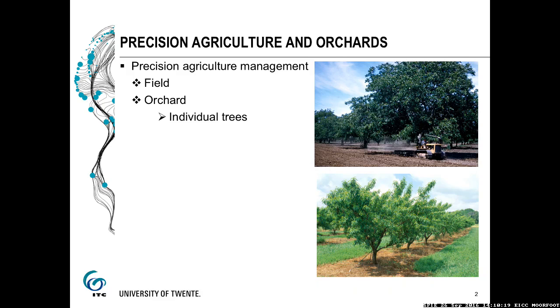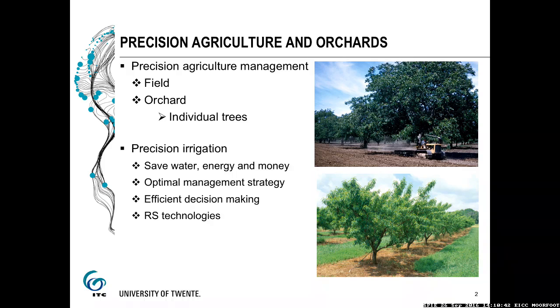In traditional agricultural management, the field was the smallest unit, but nowadays in precision agriculture management, if we consider the orchard as a field, the individual trees are much more interesting, and even the individual leaves.